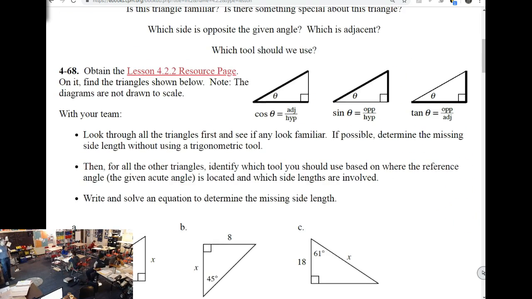I wish they'd put it in order with SOHCAHTOA, but we have cosine, sine, and tangent to remind you of those ratios. And those sides on those appropriate triangles are bolded, right? What sides we're actually going to be using. So you can see with cosine, we use the two sides that make the angle. With sine, we use the hypotenuse and the one across from it. And tangent, likewise, the adjacent and the one across from it.